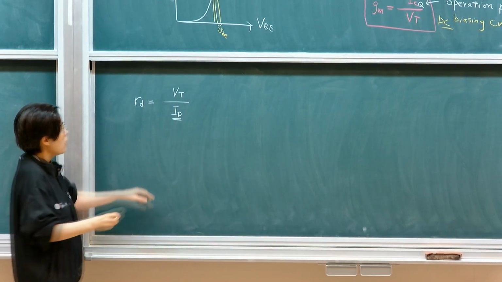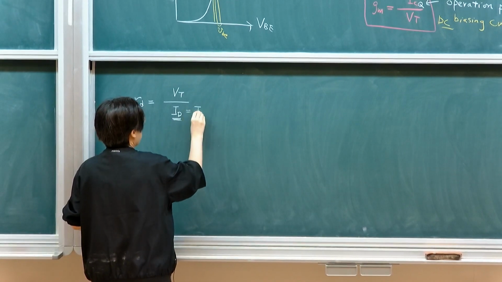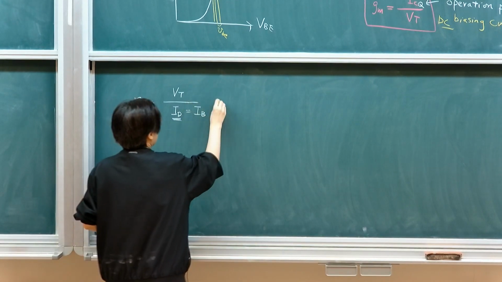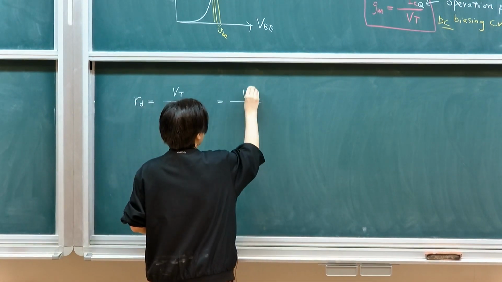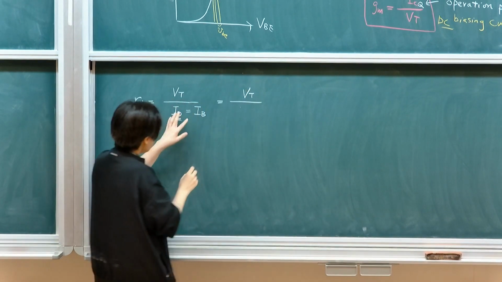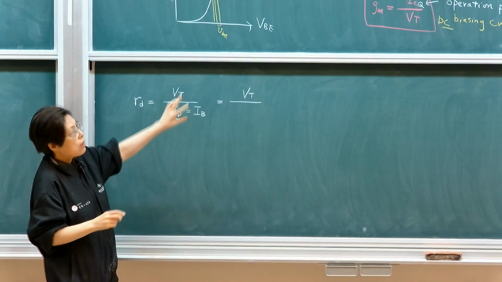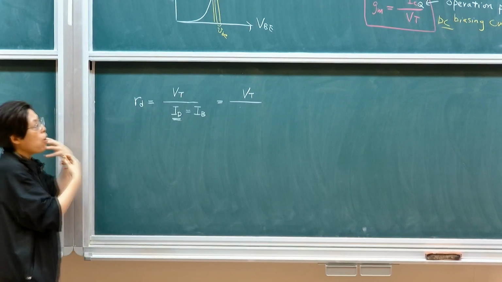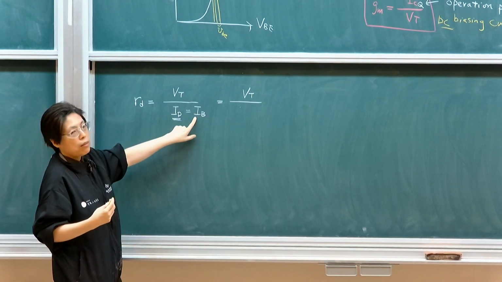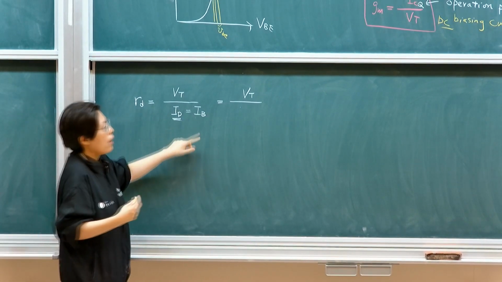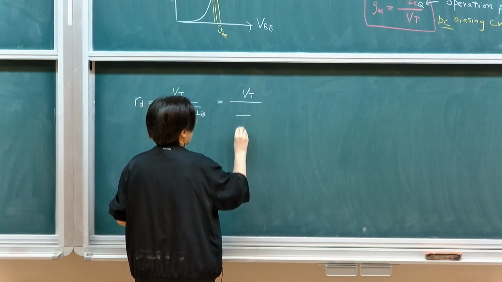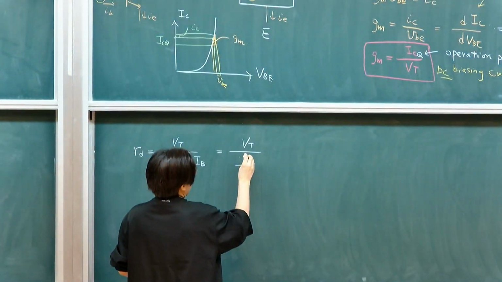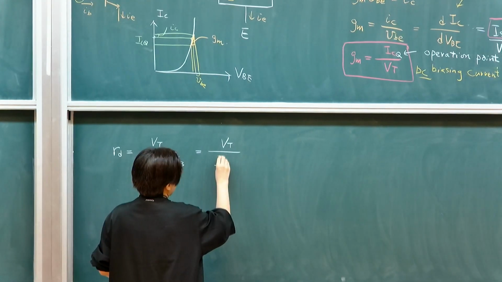In this case, this equals to IB, right? So you can rewrite this as this. The diode current is, in this case, because we're only taking the whole part, therefore it's 1 over beta times the collector current. So this will be 1 over beta IC.